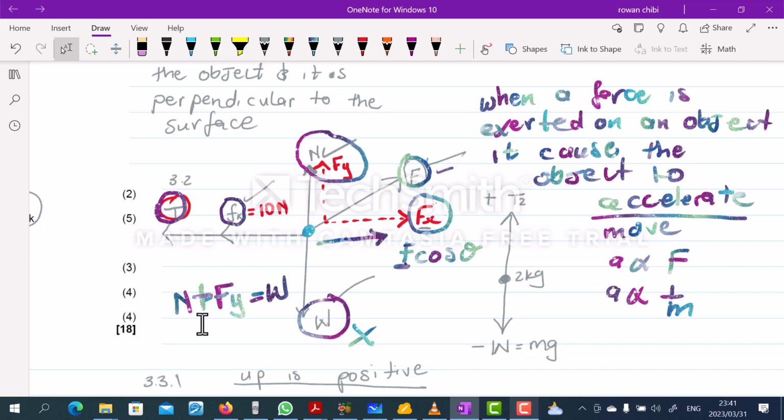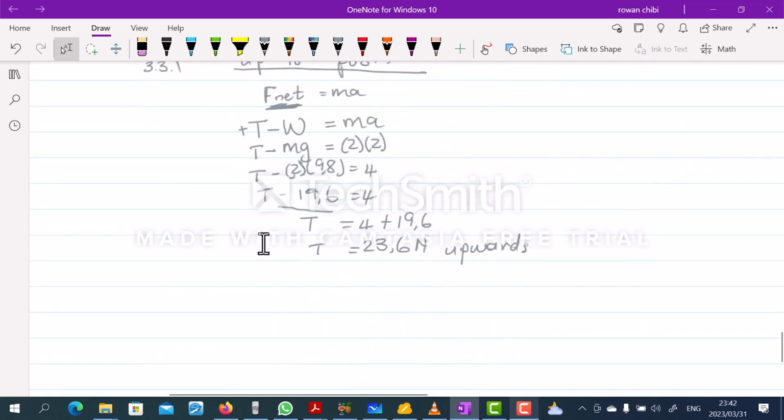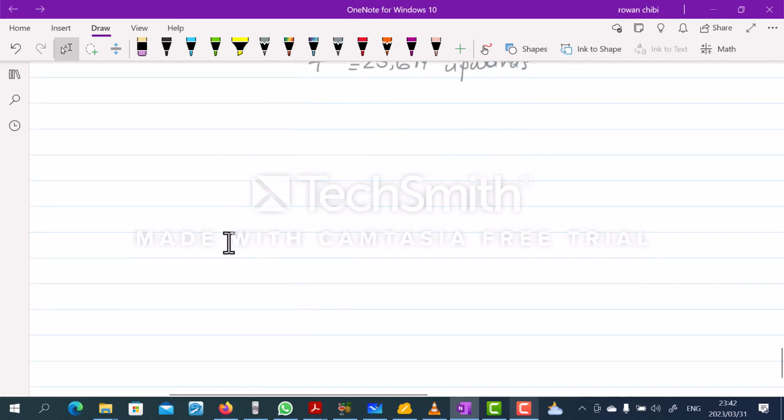So let's do now a calculation using Newton's second law. 3.3.2. Remember we said up is positive, that means right is positive. If right is positive, that means that left is negative.